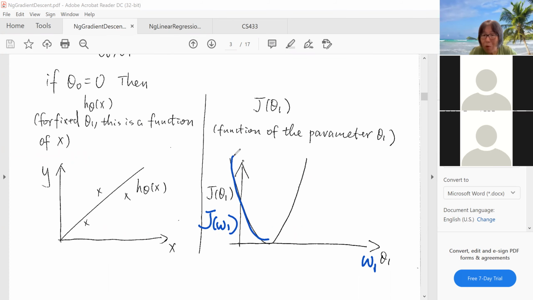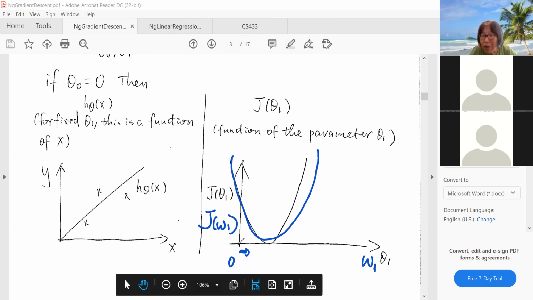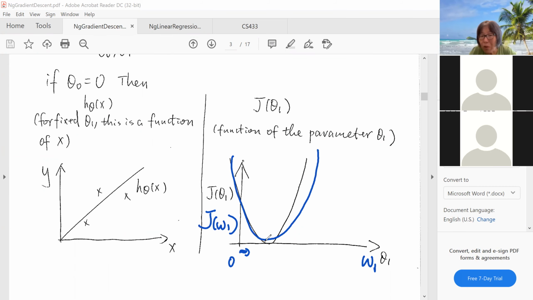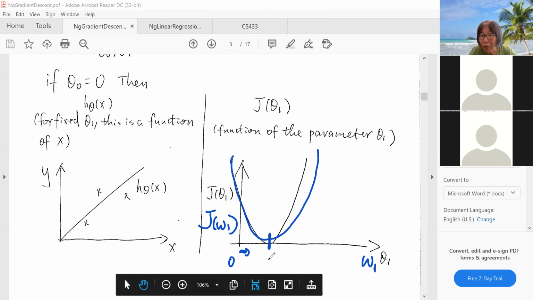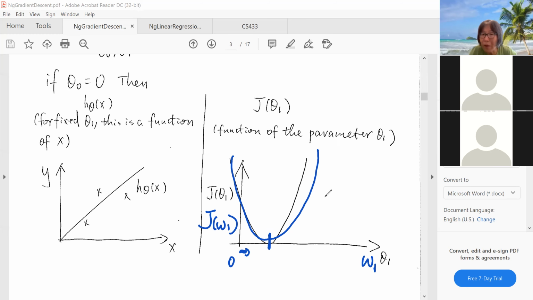So it's a quadratic relationship. And we can clearly see, from 0 for the weight, if you increase a little bit, then the cost is going to decrease. And then later, if you keep increasing W, then the cost goes up. And here, our goal is to minimize the cost. So clearly from this diagram, you can see this is the bottom.